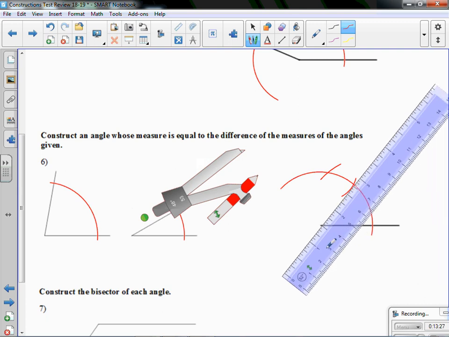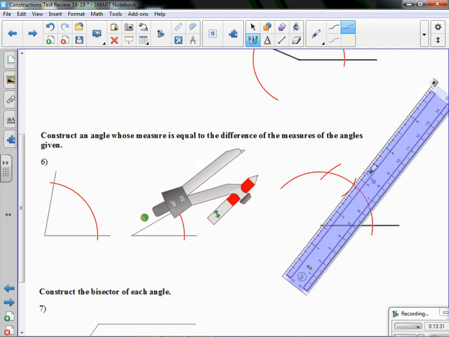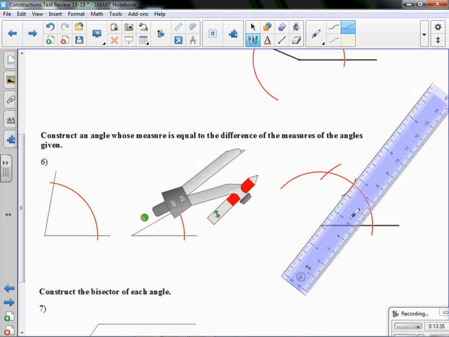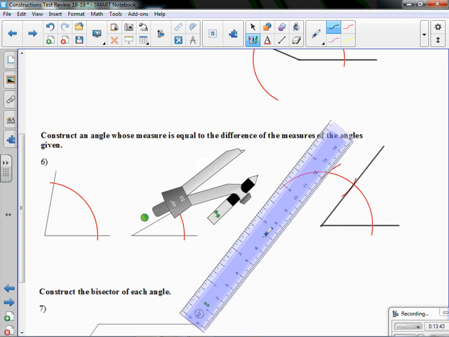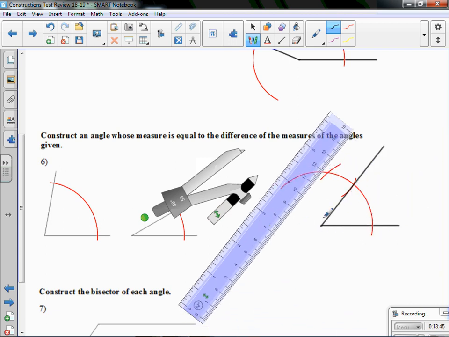From the end point here to that intersection. Like so. And so that will be the angle that's equal to the difference between these two angles.